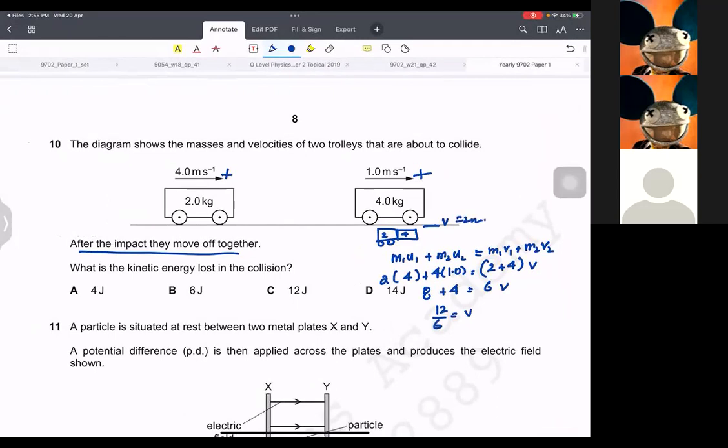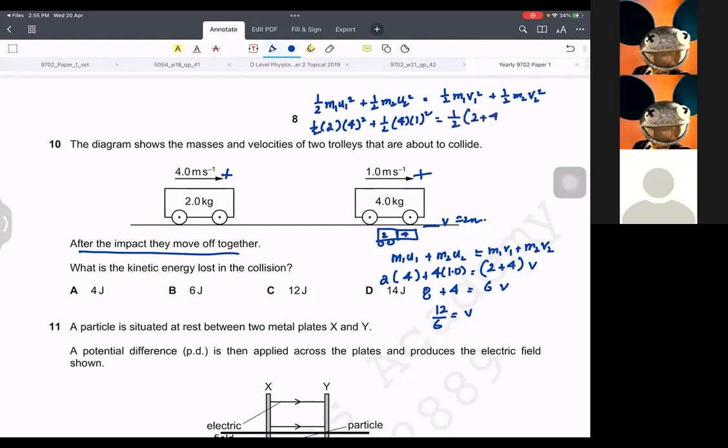Now the next part starts actually. So half m1 u1 square plus half m2 u2 square equals half m1 v1 square plus half m2 v2 square. Okay, now this is half 2 4 square, half 4 1 square. In this one, the masses are same combined.